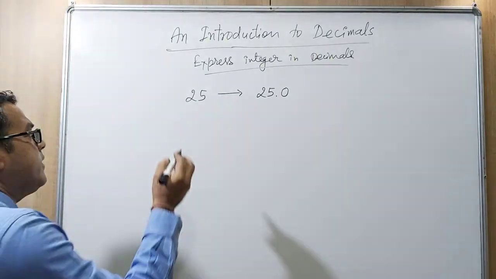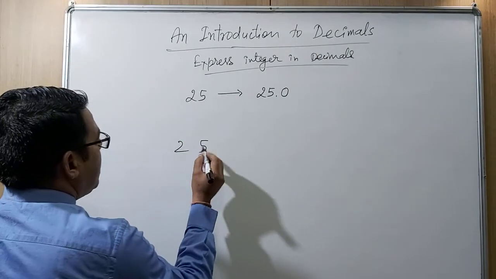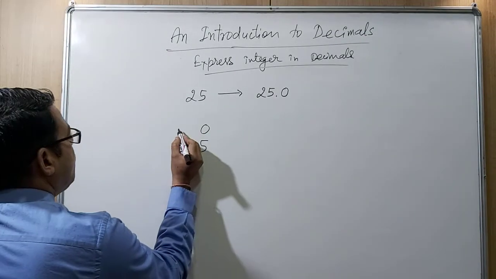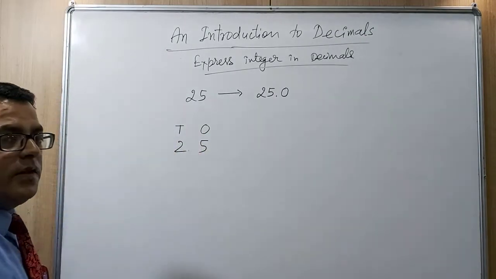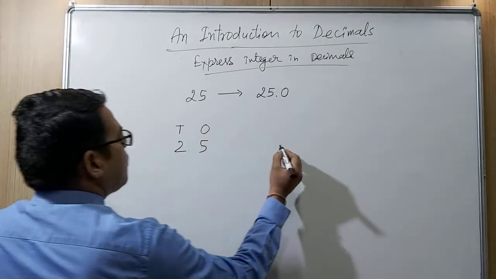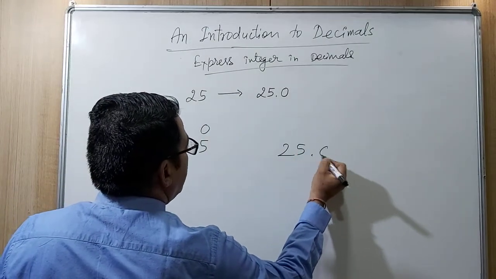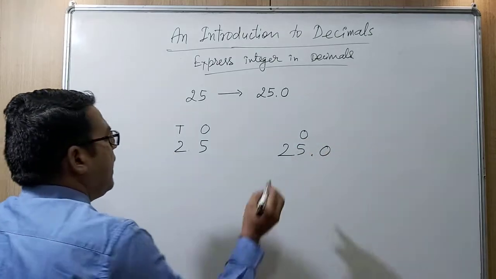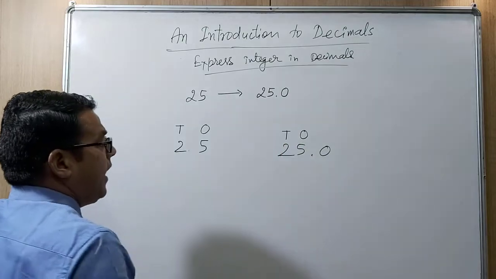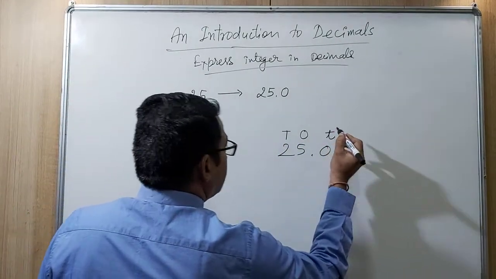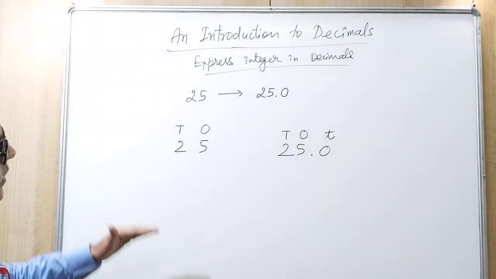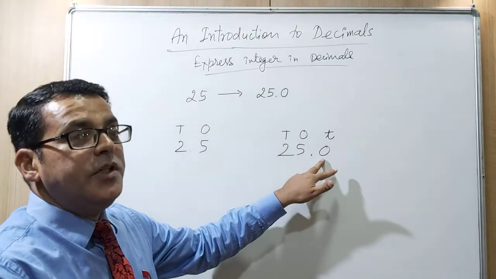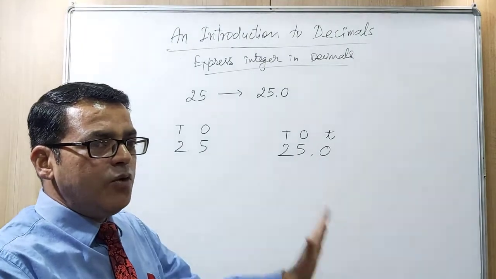How? You can see here, this 25 is given there. It means 5 is at ones place and 2 is at tens place, right? And here also 25.0 is given. This 5 is at ones place, this 2 is at tens place, and this 0 is at tenths place. So you can see here at tenths place we have 0, so there is no value for this.